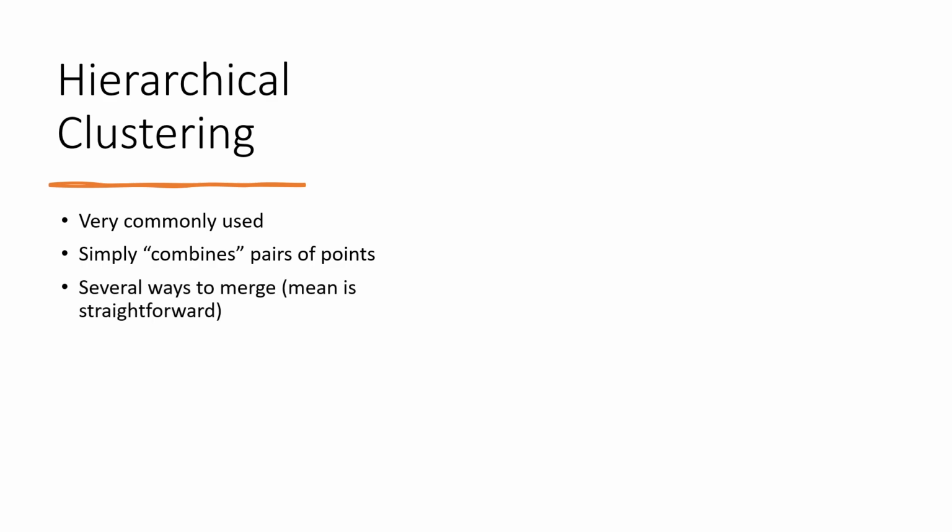Now, there's several ways to merge, and think about if I have two close data points and then I quote unquote merge them into a cluster. How do I find the distance between that cluster and a third data point? And you could use the closest dot in the cluster to the data point. You could use the furthest dot in the cluster to the data point.